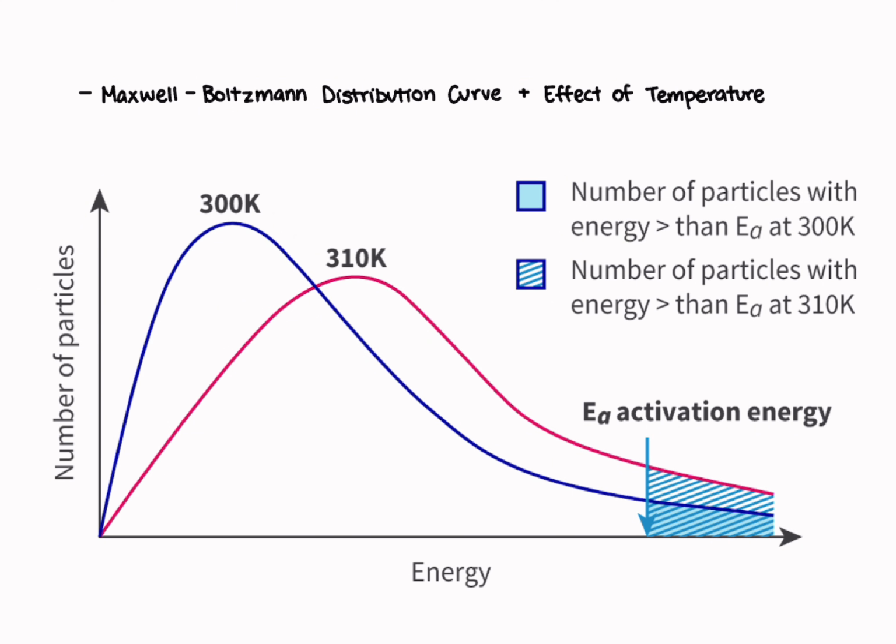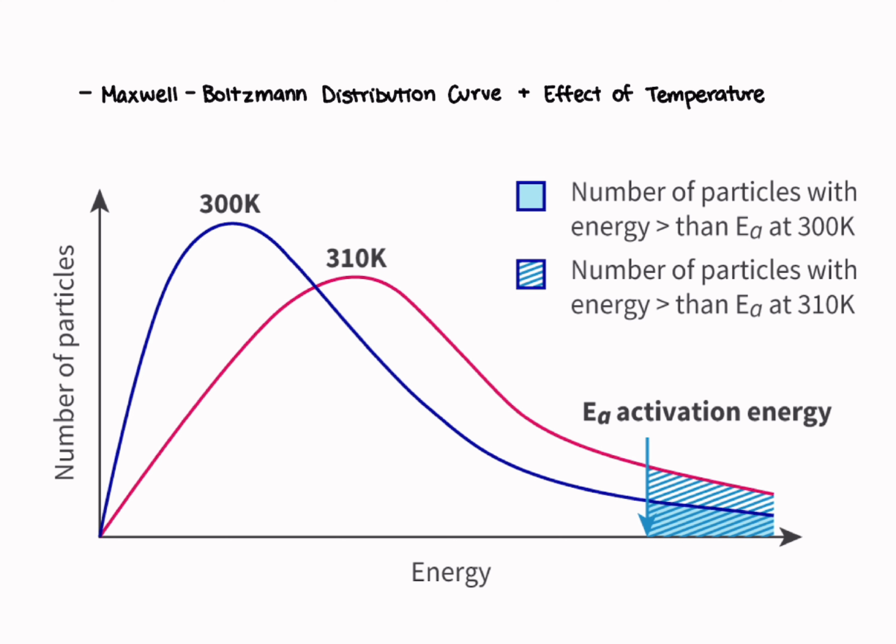Because the only thing that we have changed here is the temperature, but the number of particles still remains the same, meaning that the area of these two curves must be the same as well. However, since the graph has been stretched to the right, the particles now possess higher energy. So more particles now have a greater energy than the activation energy as well.